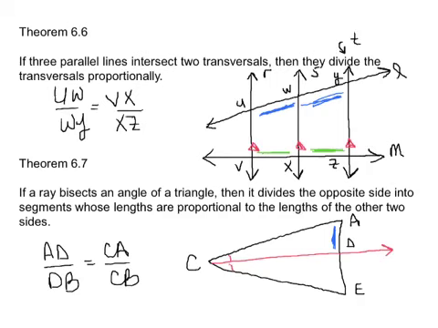Somehow I messed that up. Sorry. Oh, well, silly me. B. All right, let's try that again. AD over DB is proportional to CA over CB. Okay? Let's try some examples.